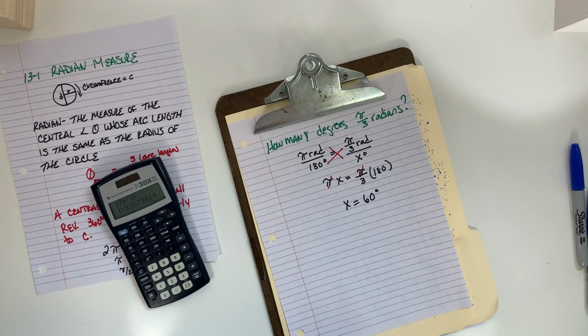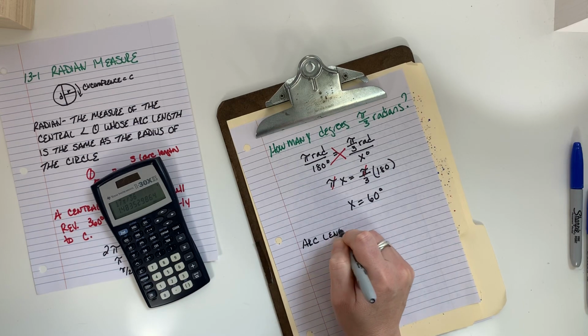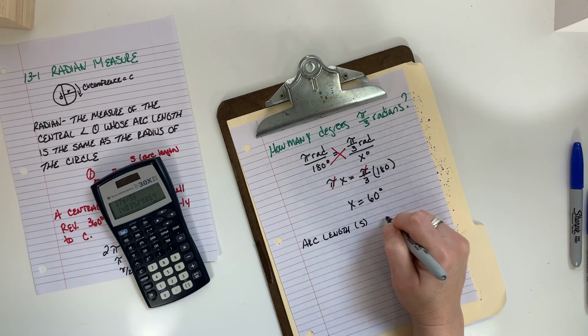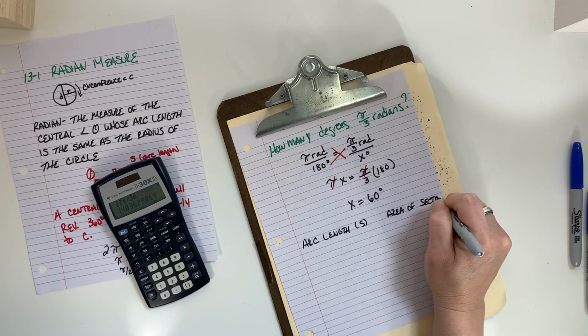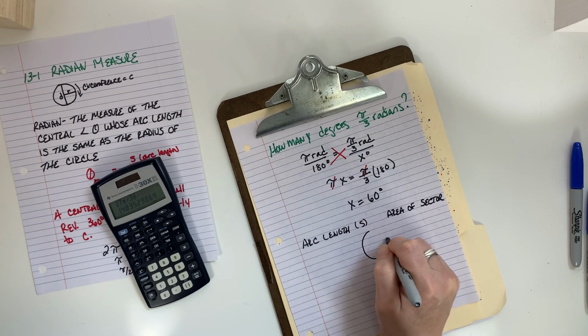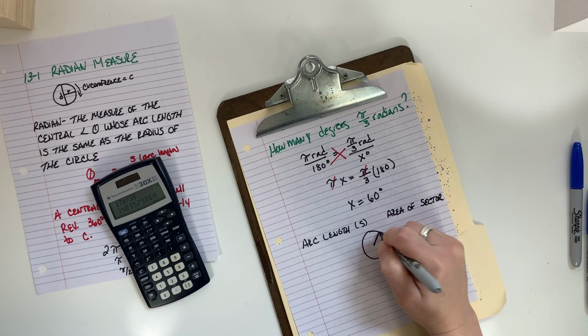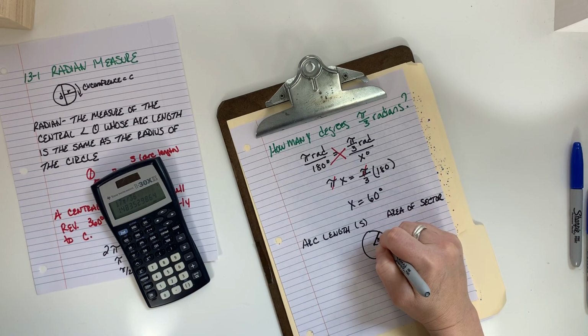The other thing that we can work with on this is arc length, and arc length is S, and there's also the area of a sector. So what that means is, let's say we have a circle here, and that's our radius here, and we have an angle, theta.